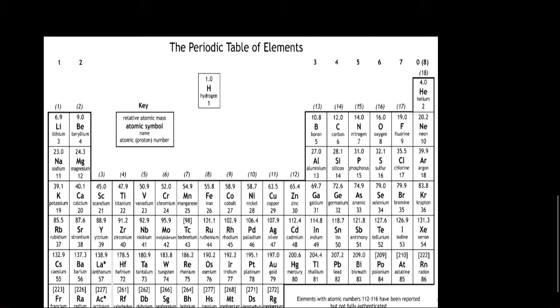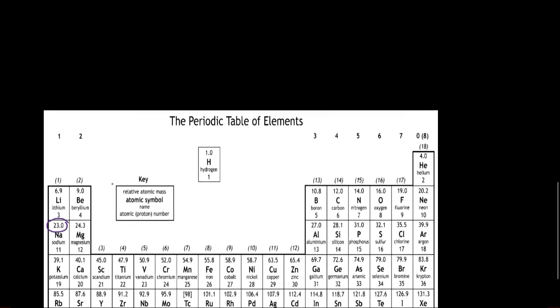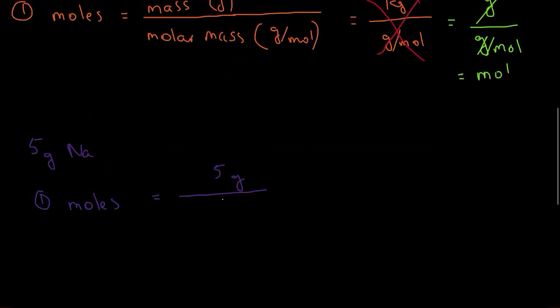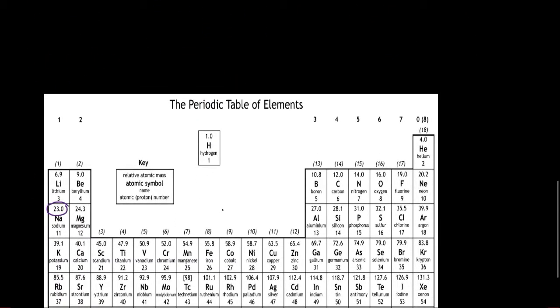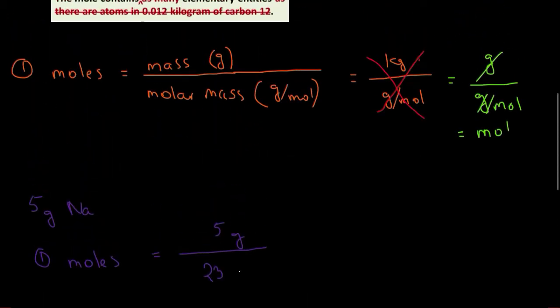So we go to sodium, we can see that the atomic number of sodium is 11, and its mass is 23. So this is the mass. The one at the top is the mass. This is what I'm talking about. So we're going to put 23 grams per mole.